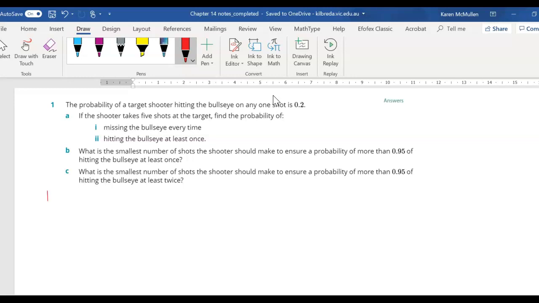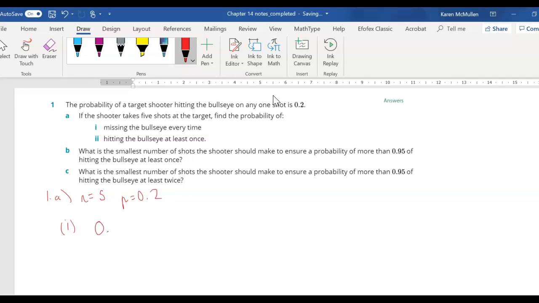Where's my pen? Okay. So we've got n equals 5 and p is equal to 0.2. For part 1, we want missing the bullseye every time. If you've got missing the bullseye every time, you don't need to set up a binomial distribution.